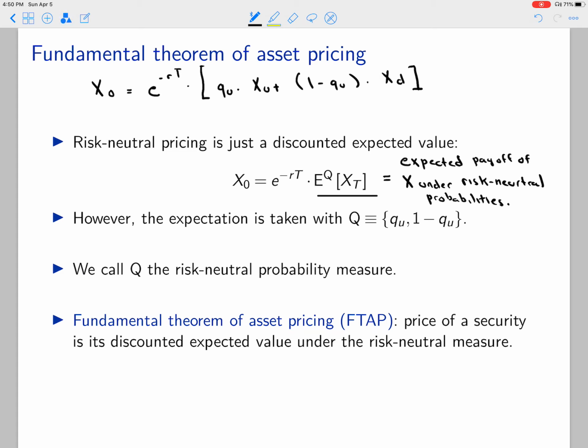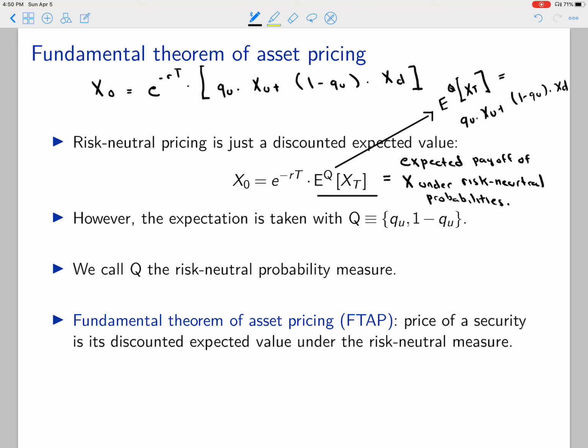In particular, in the binomial model, this expectation will take many forms depending on what model we're working with, but in the binomial model, we have that this expectation under the risk-neutral measure is qu dot xu plus 1 minus qu dot x sub d.